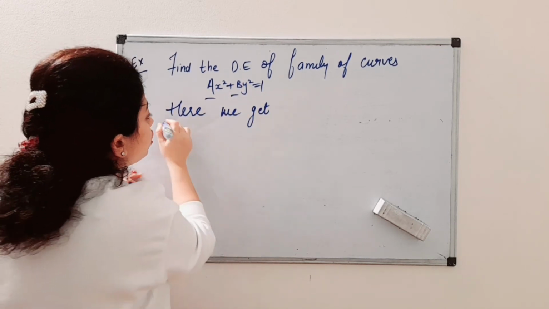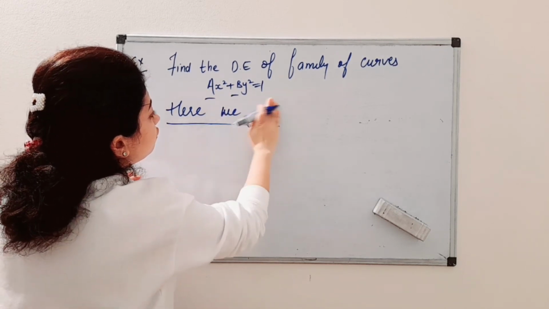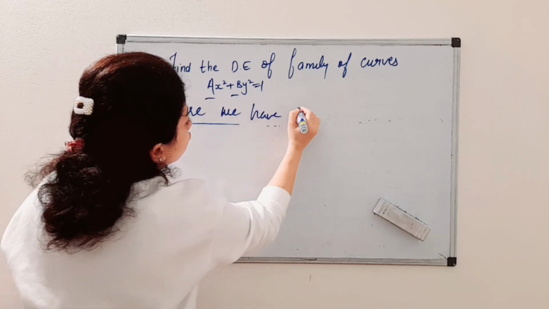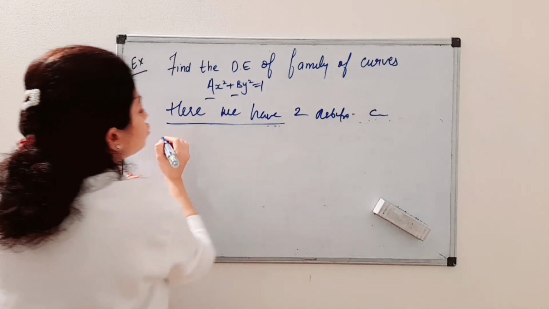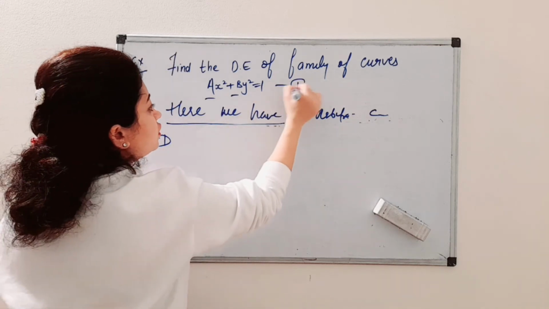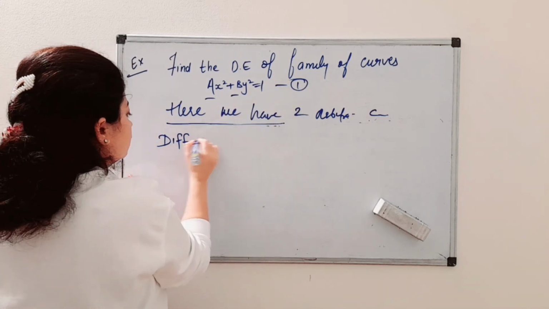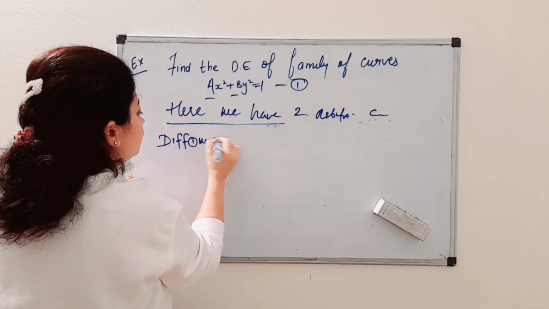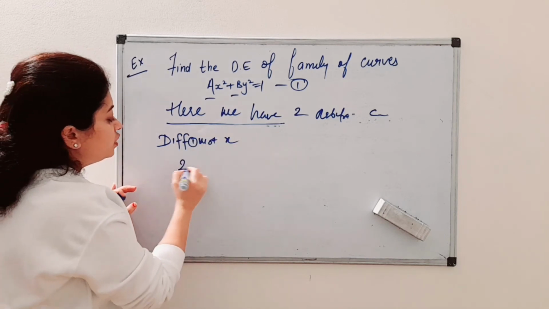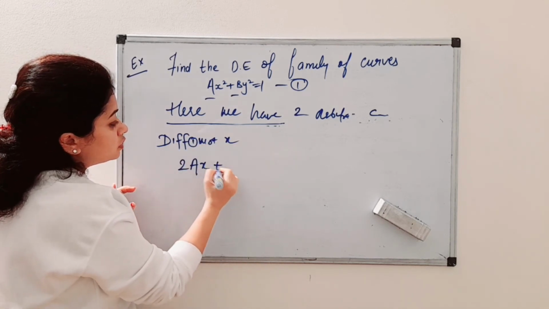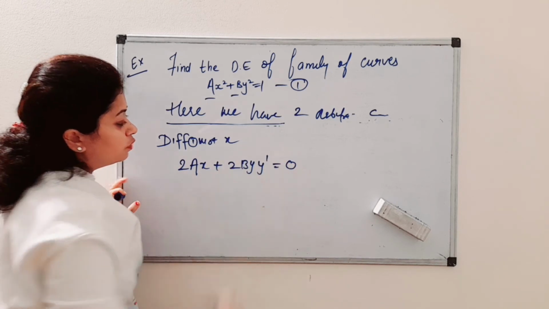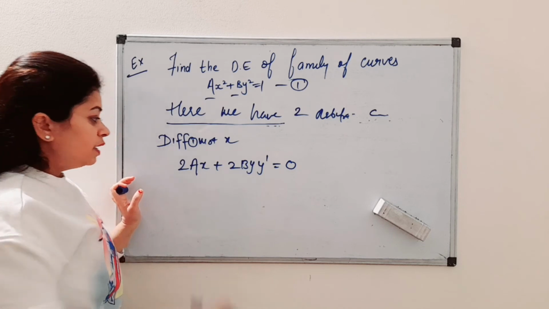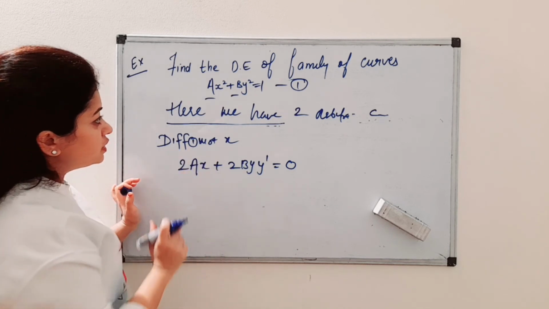So differentiating 1 with respect to x, we get 2ax + 2byy' = 0. Now we got this.